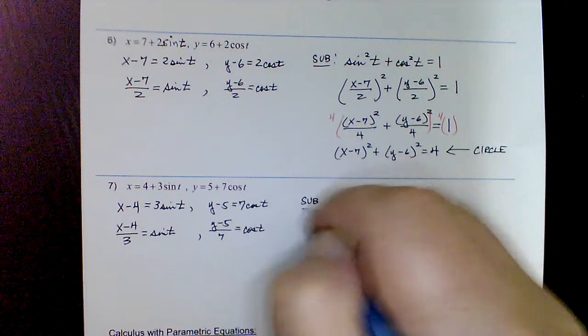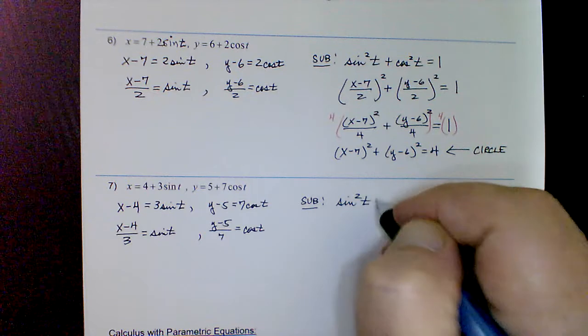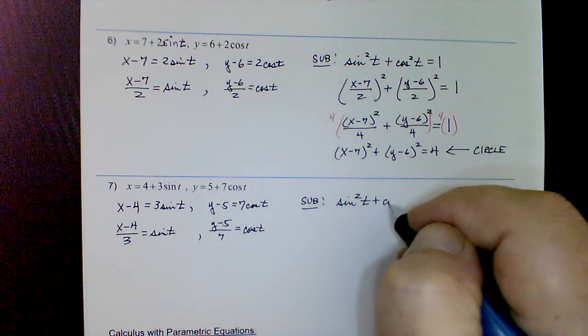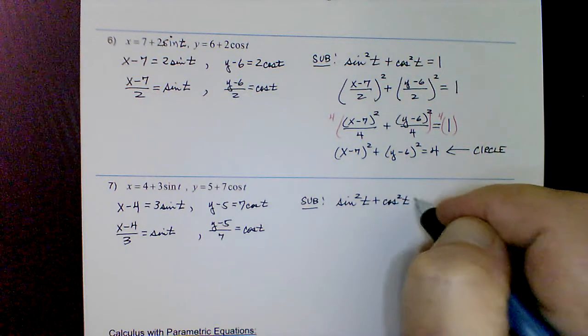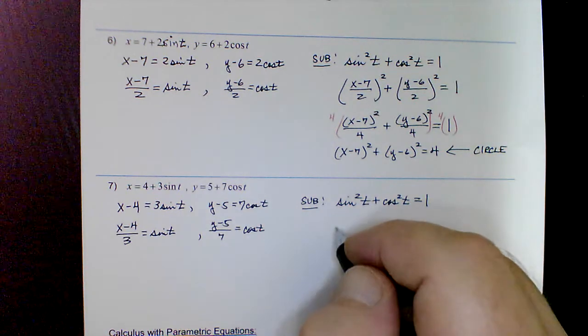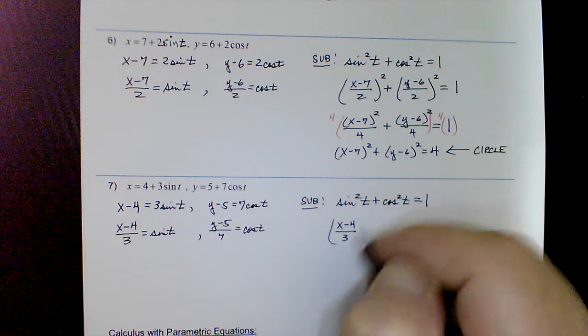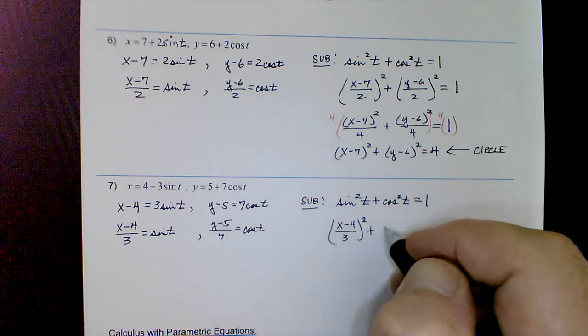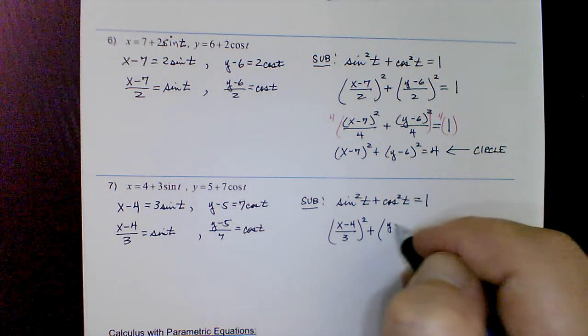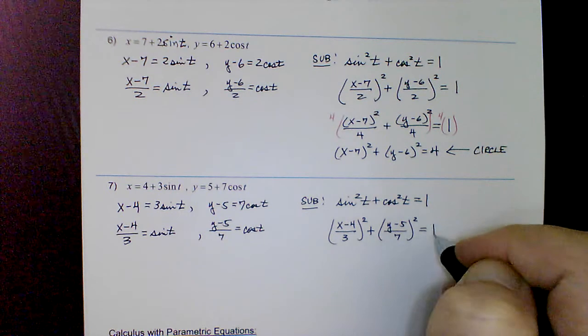Substitute, and again we're substituting into Pythagorean. Sine squared plus cosine squared is 1, so sine is x minus 4 over 3, that has to be squared, plus cosine, y minus 5 over 7, that has to be squared, and that's equal to 1.